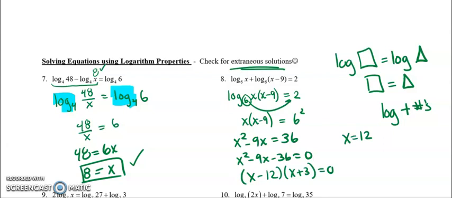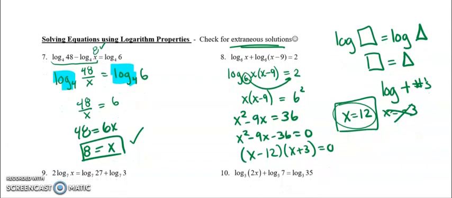So then x equals 12 or x equals negative 3. When I go back to the original, can I take the log of 12? Yep. Can I take the log of 12 minus 3, which is 9? Yep, so that's a keeper. Can I take the log of negative 3? Nope, you're out. So just the x equals 12 will be our final answer.